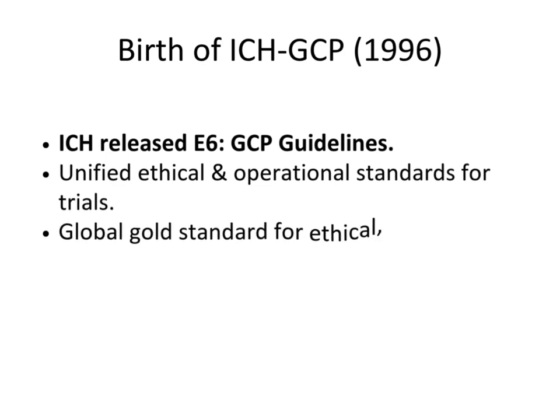In 1996, the ICH released what we now know as the ICH-GCP Guidelines, E6. It brought together the ethical principles from previous decades, combined with operational standards for running trials. Think of ICH-GCP as the global gold standard for how clinical research should be done, ethically, scientifically, and safely.